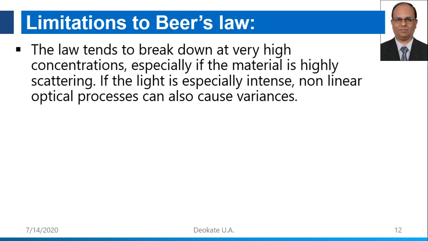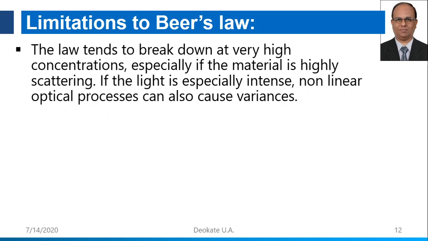The law tends to break down at very high concentration. Beer's law is only followed by very dilute solutions. At high concentration it does not follow, especially if the material is highly scattering. If it is colored and highly scattering, it will not obey Beer's law, that is, the intensity of the transmitted beam decreases exponentially with an arithmetic increase in the concentration of the absorbing solution.